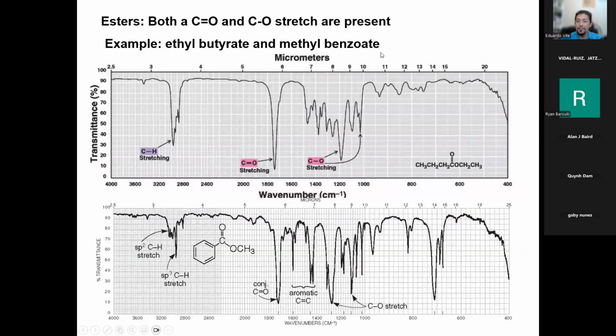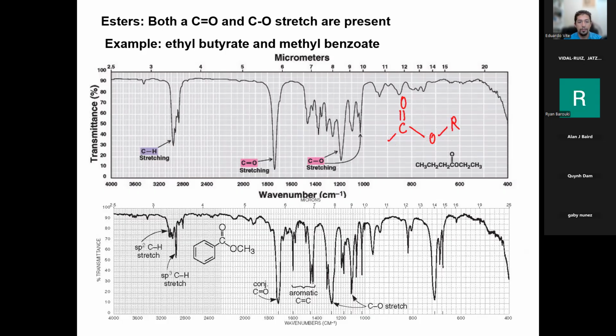So here we have esters, right? Here's the formula. Esters are carbonyls and ethers together. So you have a carbonyl and you have an ether. That is an ester right here. This is an ester functional group. So you're going to look for the carbonyl signal and you're going to look for the carbon-oxygen single bond signal. Again, we start with the highest wave number.